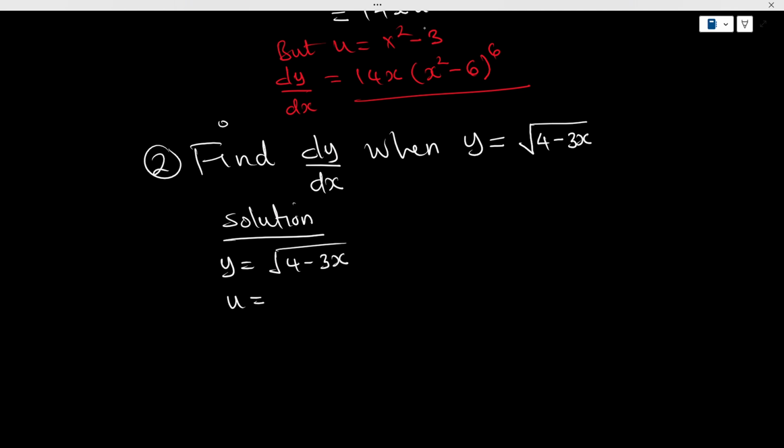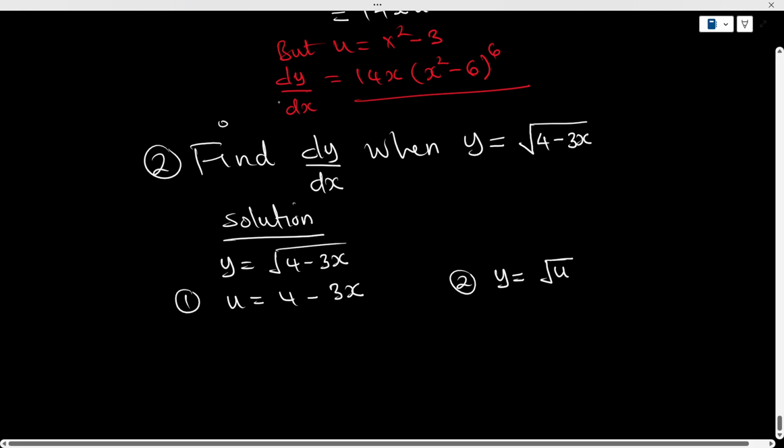So we're going to say u equals 4 minus 3x, and this is going to be our first function. Then our second function, since you are replacing 4 minus 3x with u, is y equals the square root of u. We are replacing the expression inside the radical sign with u, so y is the square root of u now.